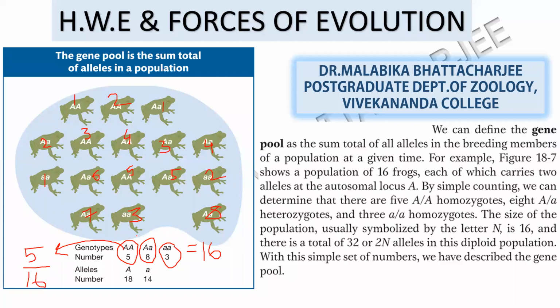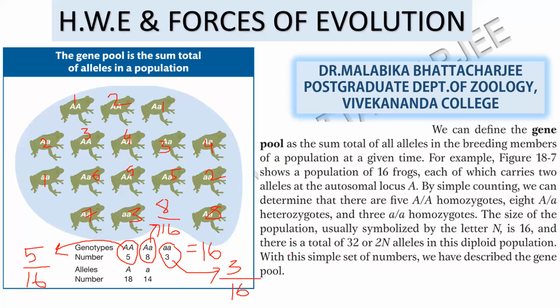It's 5 by 16. For the heterozygotes, capital A small a, again the number of individuals of that genotype divided by the total. And for small a, the genotypic frequency will be the number of individuals in that genotype divided by the total. So this gives us the genotypic frequency of the population.